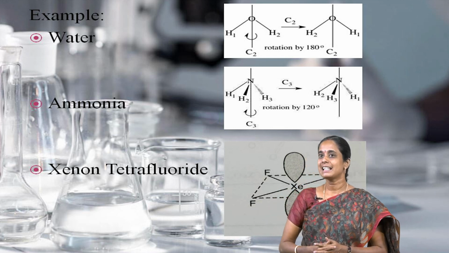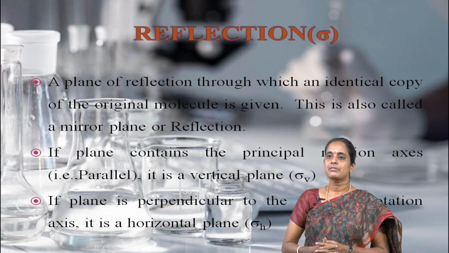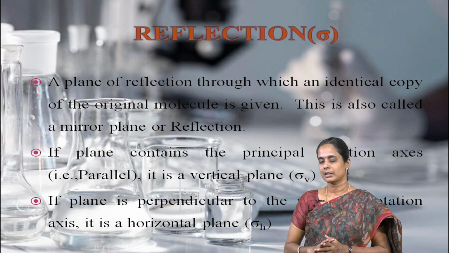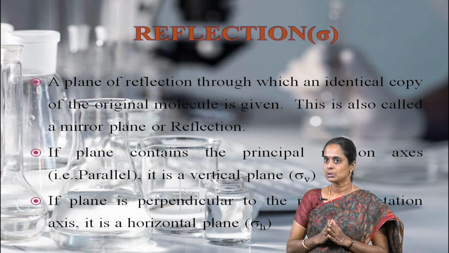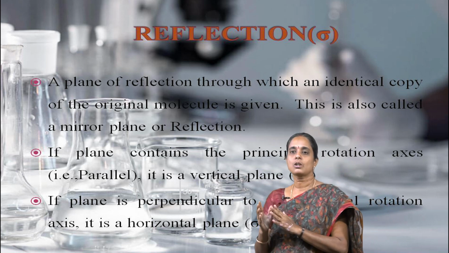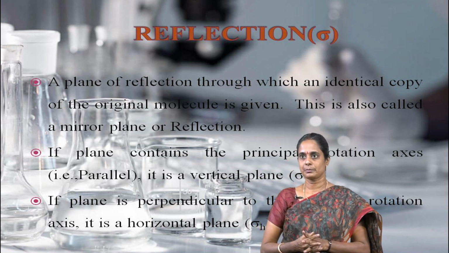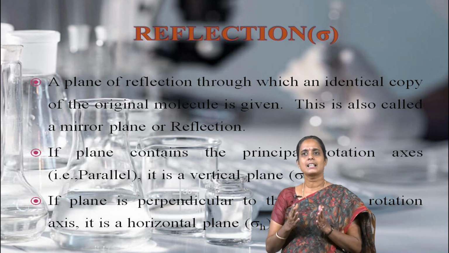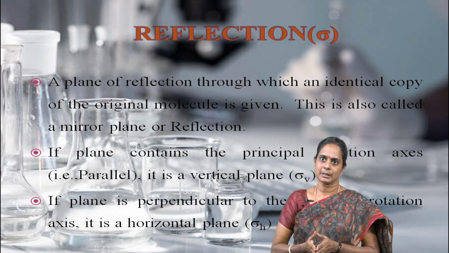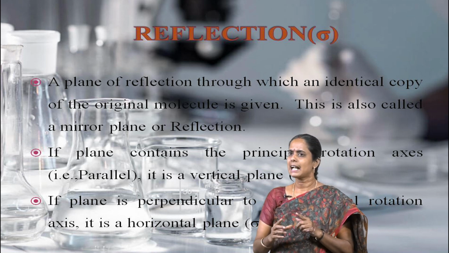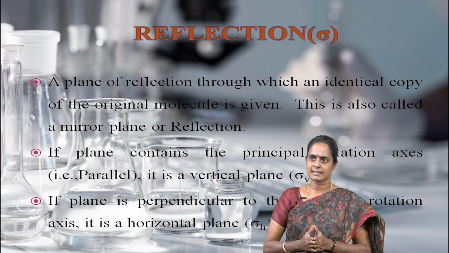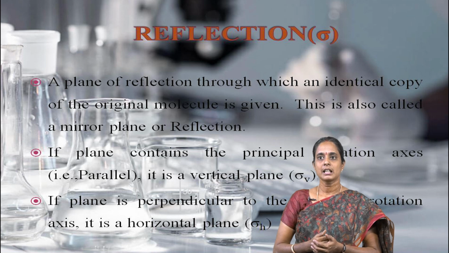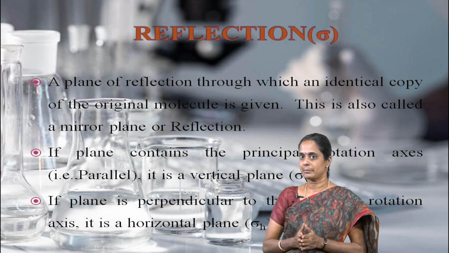The next one is reflection. The reflection symmetry element is denoted as sigma. It is the plane of reflection through which an identical copy of the original molecule is produced, that is the mirror plane, or otherwise known as the plane of symmetry. If the plane contains the principal rotation axis, that is parallel, it is a vertical plane, denoted as sigma v.